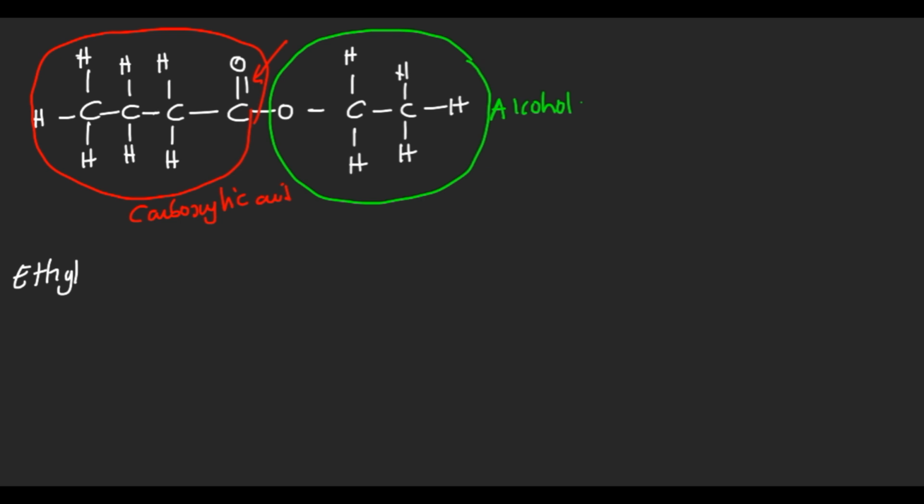Then we move on to the carboxylic acid. We have 1, 2, 3, 4, so we have 4 carbons. So it's but, then we add AN and OATE. So this is the name of this structure.